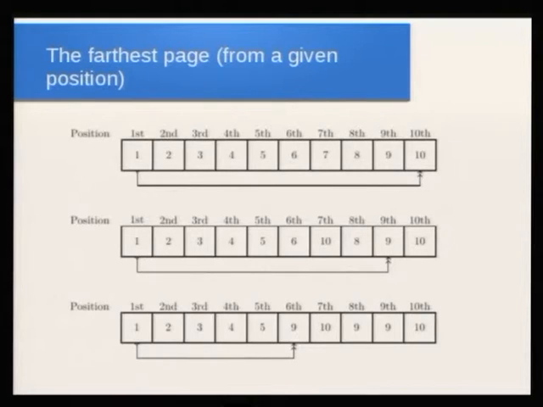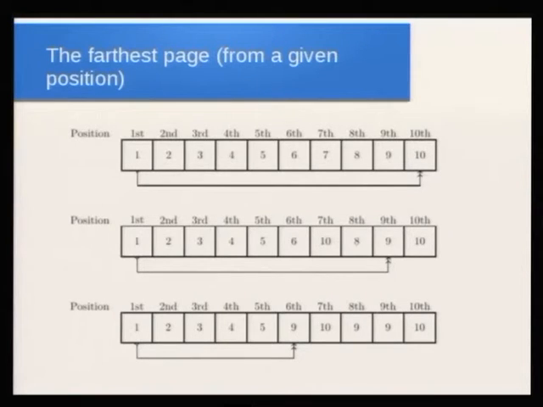So for example, in the first example there, we have page number 10 at position 10, which is farthest, and this arrow below represents the length of time that page 10 remains clean if you clean it. And then in the second example, we have a different pattern for the writing, and the difference is that we also have a 10 here.